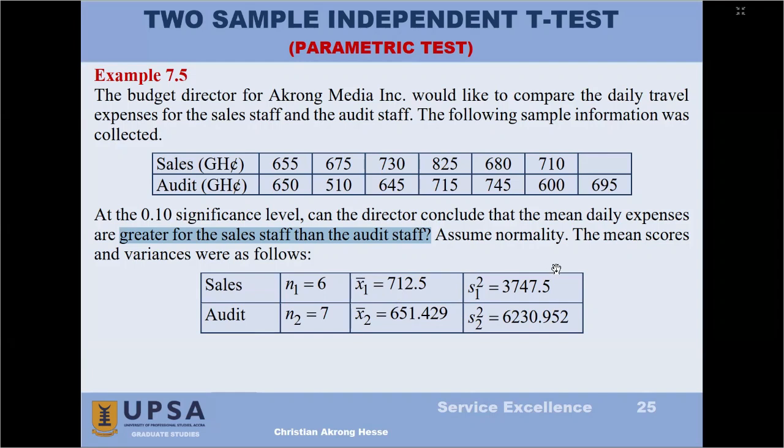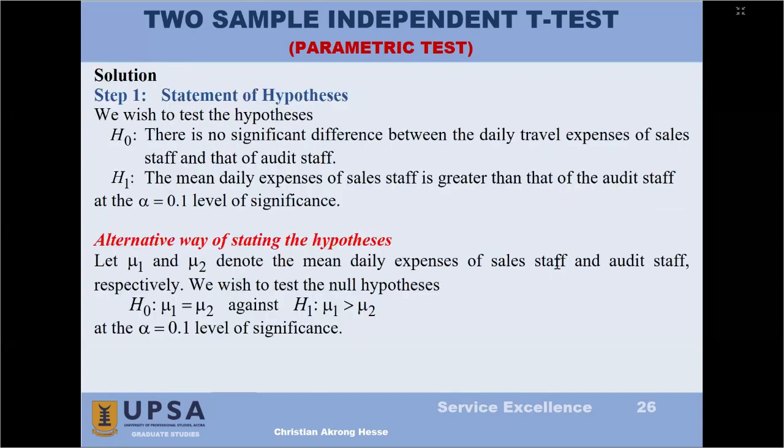So can we conclude that the daily travel expenses of the sales department is greater than that of audit department? Can we conclude that? We can't tell till we conduct a formal test. So what is H0?